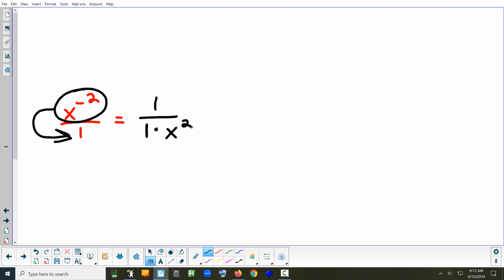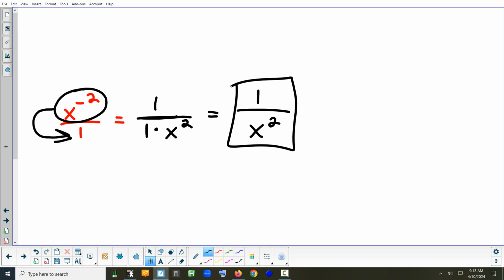Anytime something with an exponent passes through this line right here, it changes from negative to positive. And what's 1 times x squared? X squared. Just x squared. Yep. So that's how you do one like that.